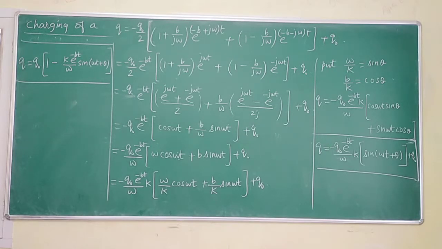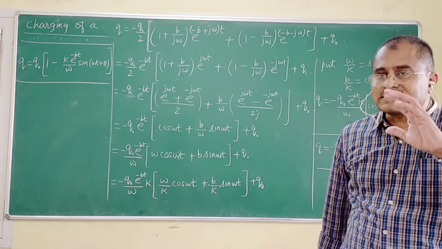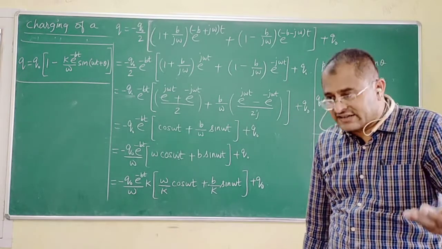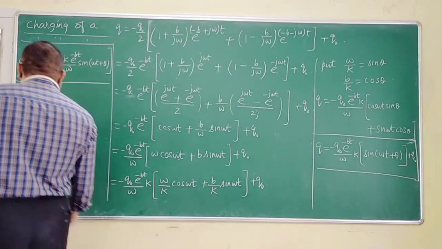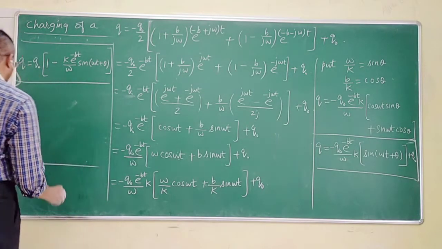What does this mean? It involves a sine. If it involves a sine, it means the charge is oscillatory. I will draw a graph and try to explain it to you.